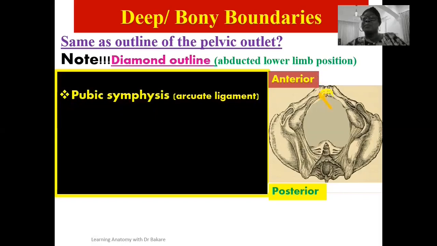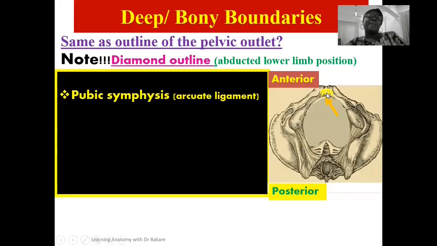And this is where we have the pubic symphysis here in the anterior part. We say that the pubic symphysis is a joint that is formed in the anterior part of the pelvic cavity, where we have the body of the pubis on the right side and also the body of the pubis on the left side uniting at this space to form the pubic symphysis. We also have the arcuate ligament here, also highlighted here in yellow.